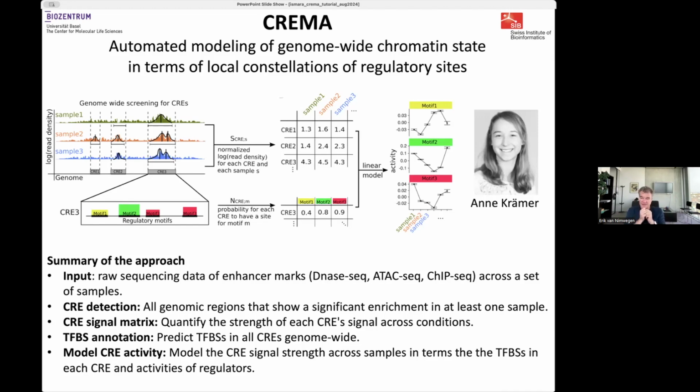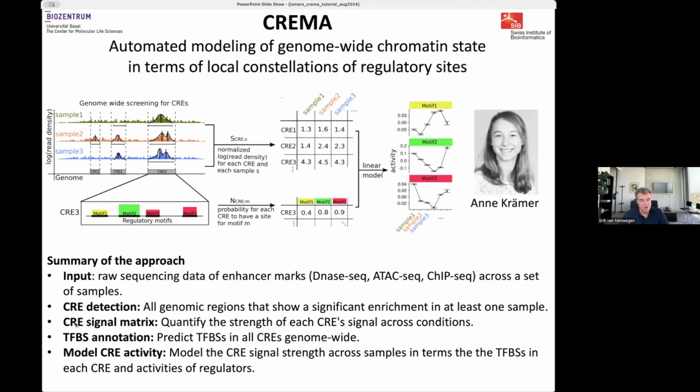And so we take data of this across a set of samples. And then essentially what we're going to do is we're going to find all the CREs in that data set. So we're going to find all genomic regions that show enrichment of these marks in at least one of the samples. So that looks as regions that act as a CRE in at least one of the samples.